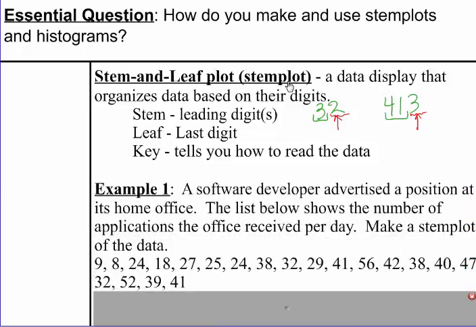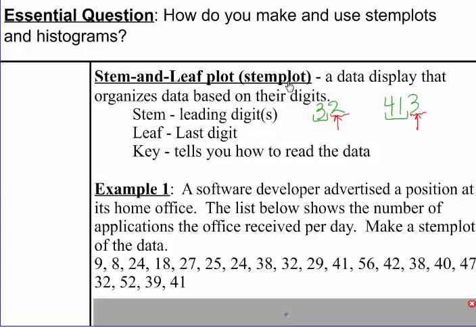So we're going to do an example. This is a software developer who's advertising a position at his own home office. The list below shows the number of applications the office received per day. We are going to make a stem plot of that data.